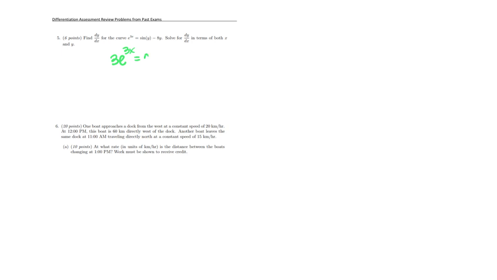So this is going to be cosine, I leave the inside part alone, and then I multiply by the derivative of y, which is dy dx, minus 8, and then the derivative of y is dy dx. And now I just need to solve that for dy dx, so I can factor out a dy dx.